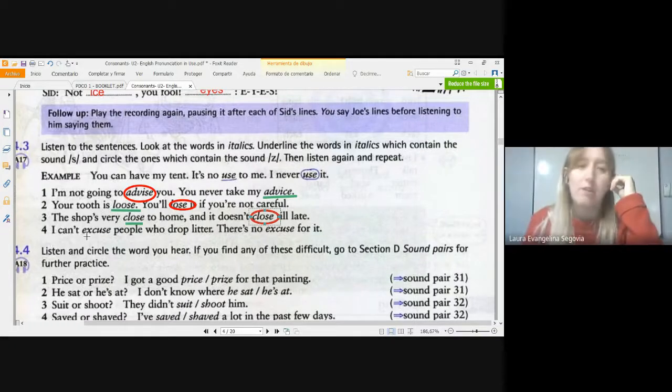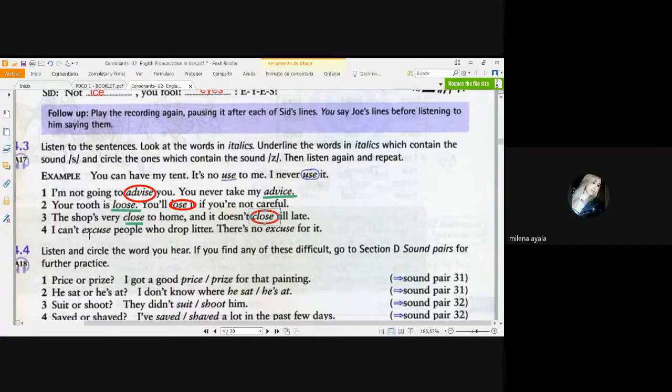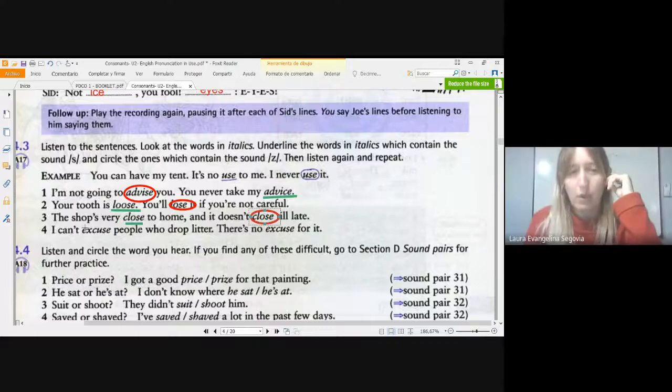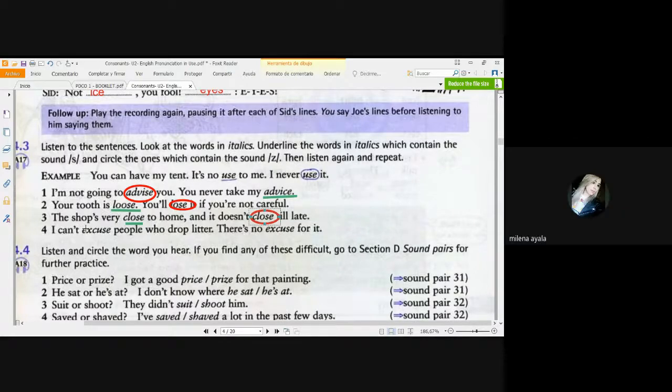I can't notice the difference. Sorry. I can excuse people. That one is with s or z. I can excuse people who drop litter. There's no excuse for it.